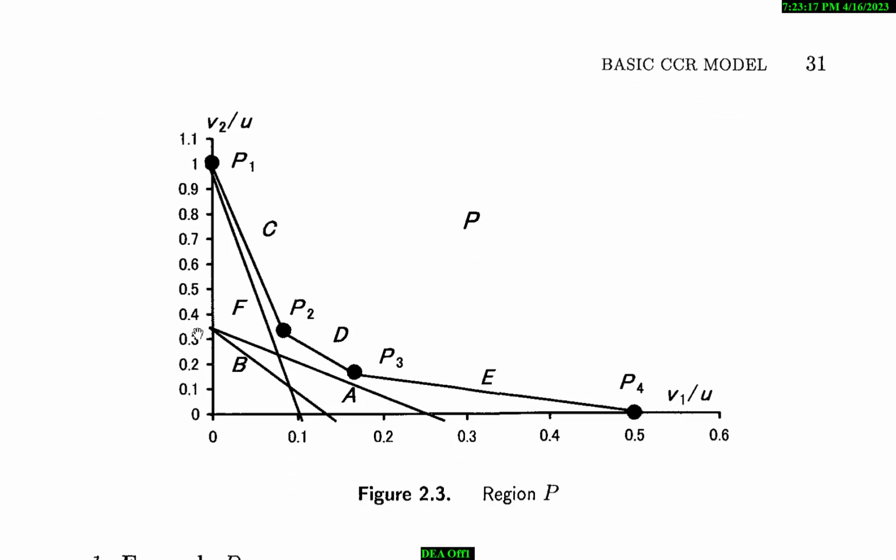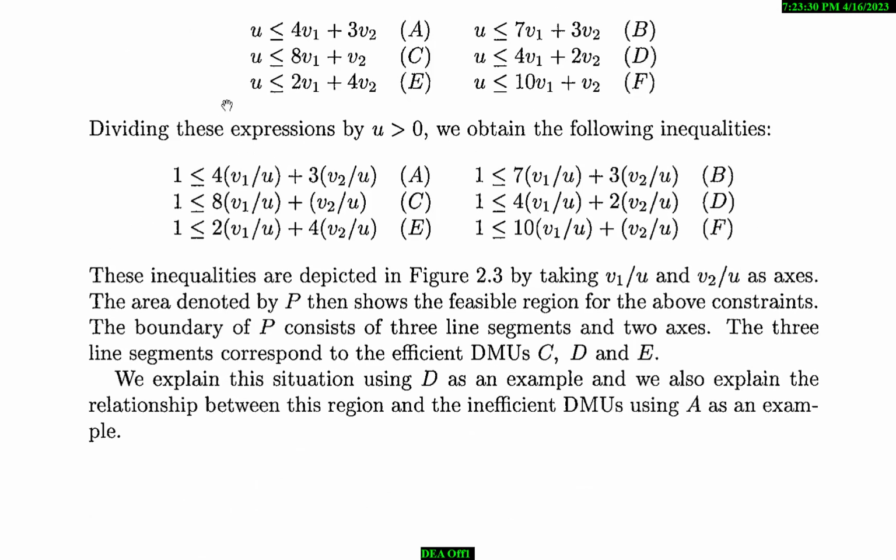So this line shows all values of the first and the second variable for which 4 multiplied by the first plus 3 multiplied by the second one would be equal to 1.